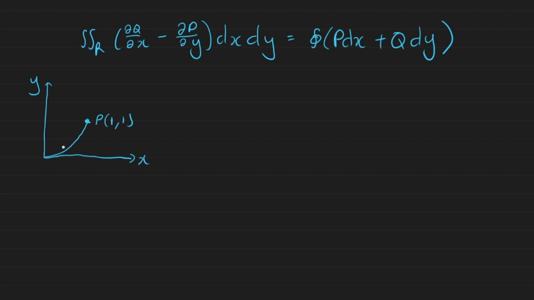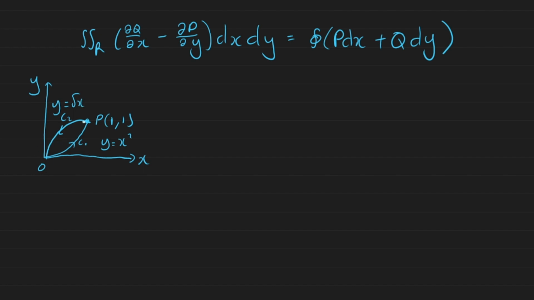Something travels from the origin to the point P, with coordinates (1, 1), and then goes back from P to the origin along some other curve. We'll call the first part of the curve C1, and the other one going back to the origin C2. This bottom curve we'll call y equals x squared, and the other part of the curve, y equals the square root of x.